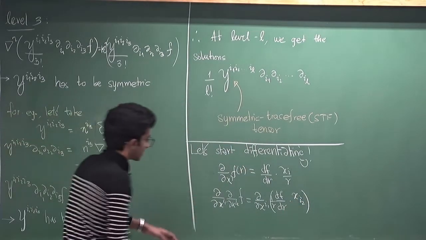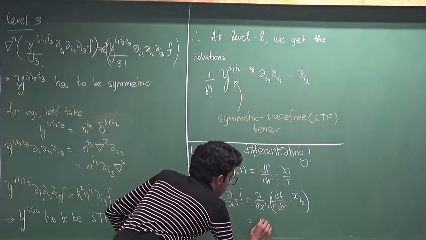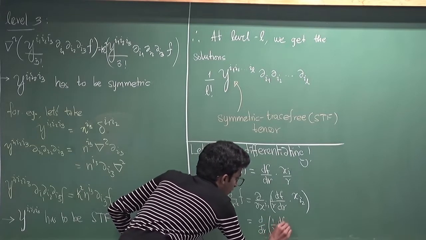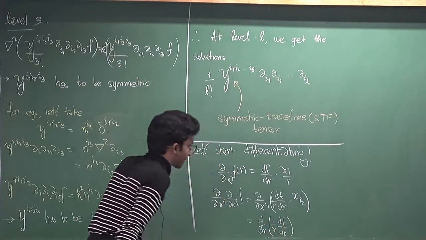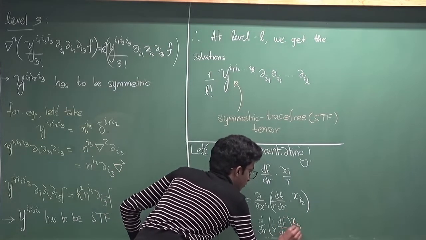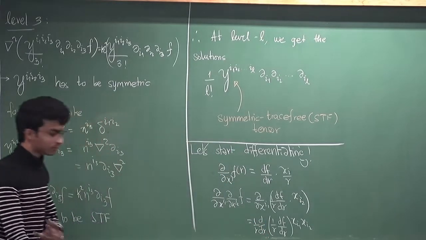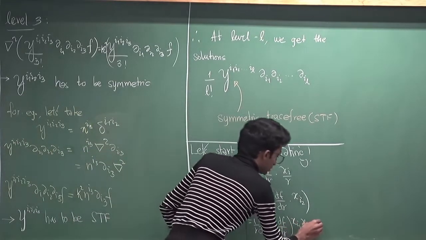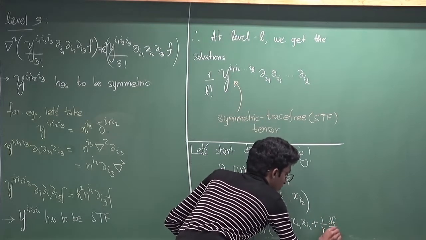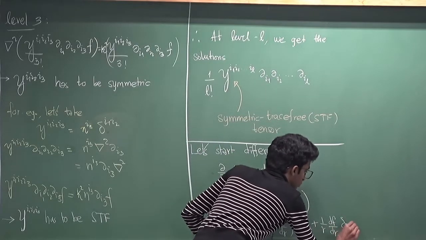You have to do this once again. So let's do that once again. That gives you d over dr of 1 over r df over dr, right, times xi1 xi2 over r. Let me put that r over here, plus 1 over r df over dr times del x I1 of this, which will just give you delta I1 I2.